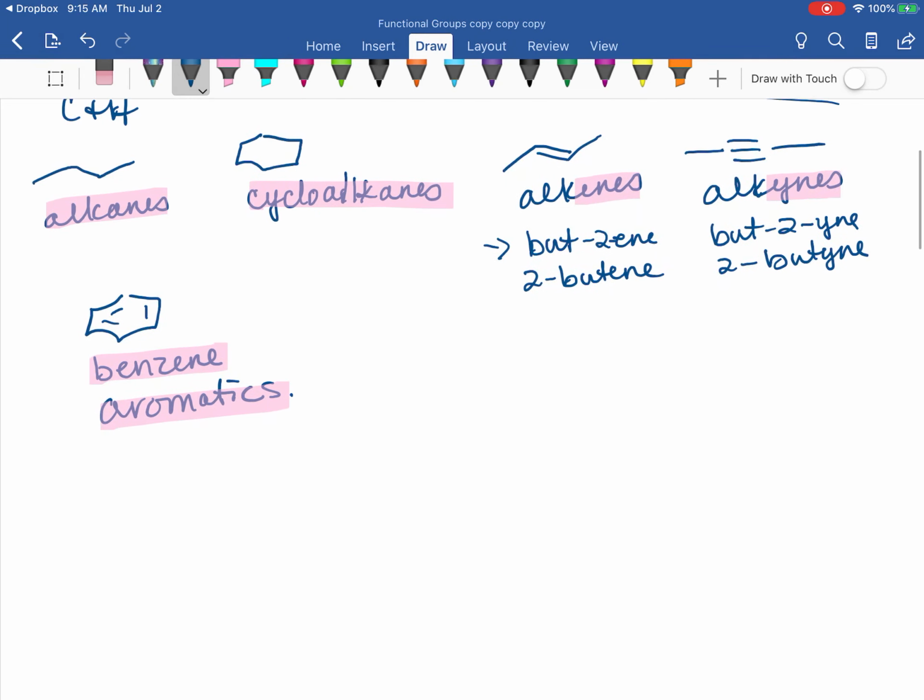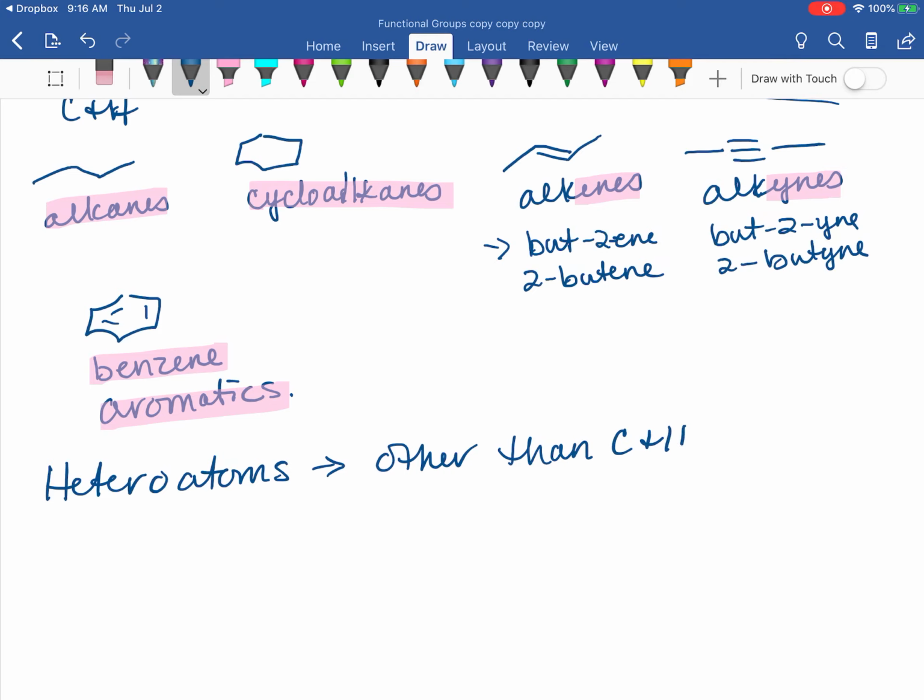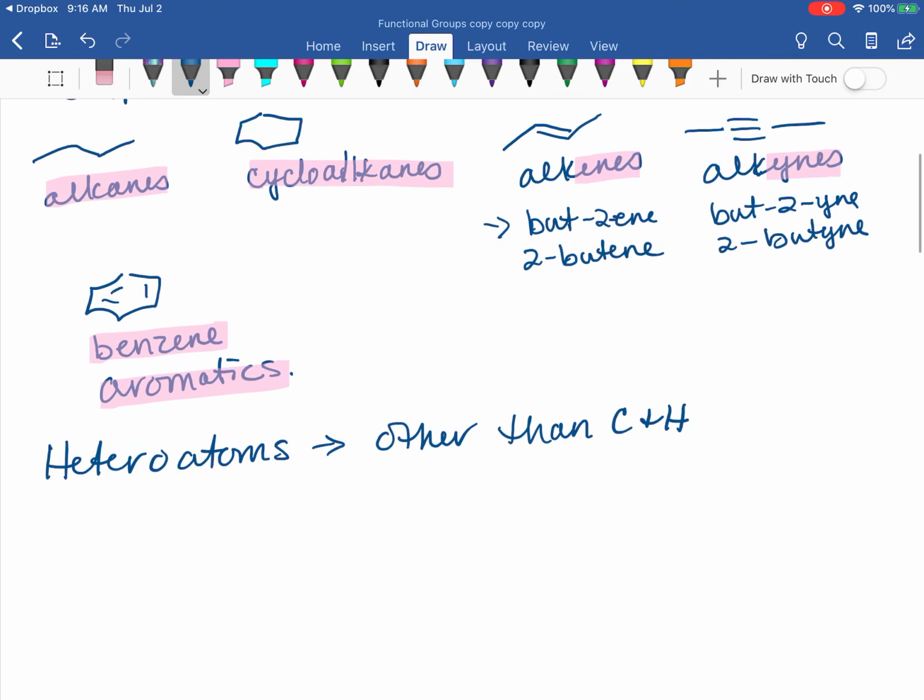All right, so let's start to include 3 of our most common heteroatoms. And for us in organic chemistry, heteroatoms are anything other than carbon and hydrogen. So one of the first functional groups we're going to see reactivity-wise, we're going to make alkyl halides.